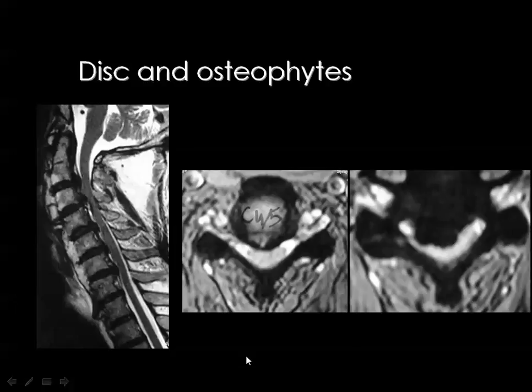In the past, they called this a hard disc because of the presence of bone in association with the disc inside the spinal canal. And if the disc is not associated with osteophytes, they used to call it a soft disc.